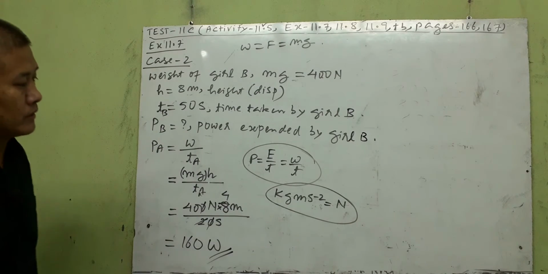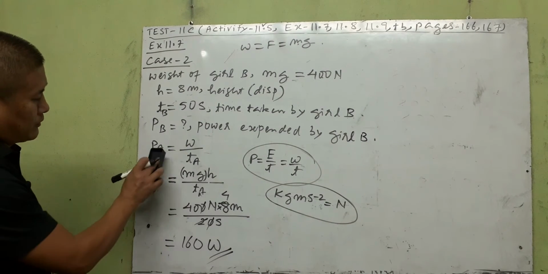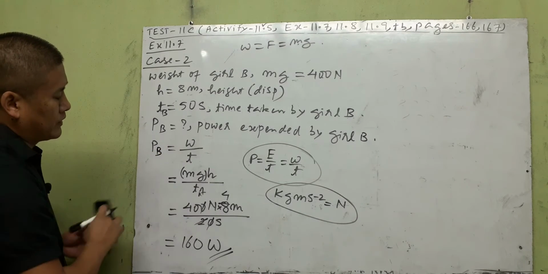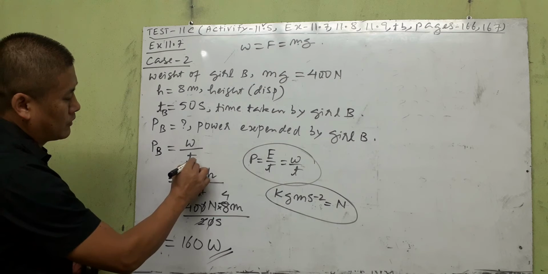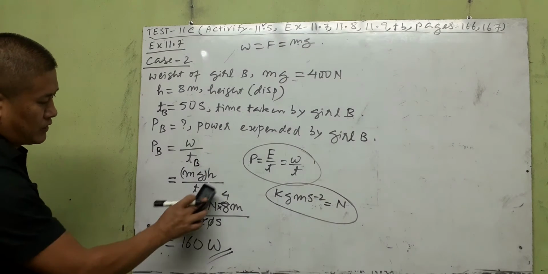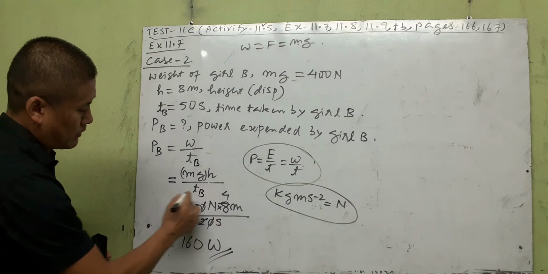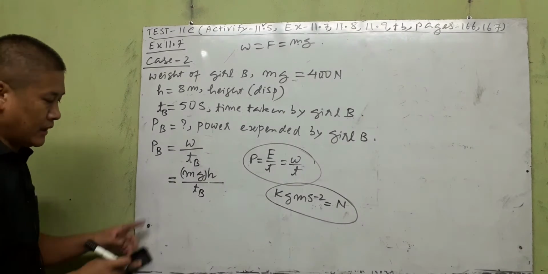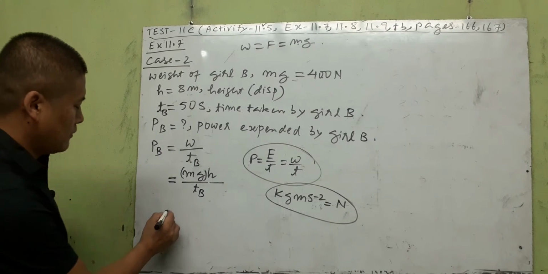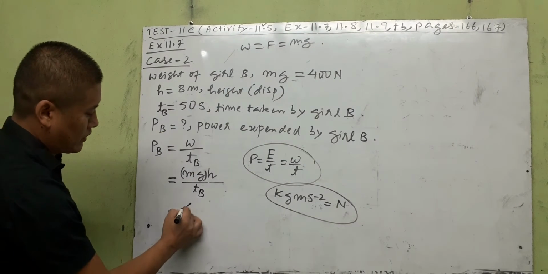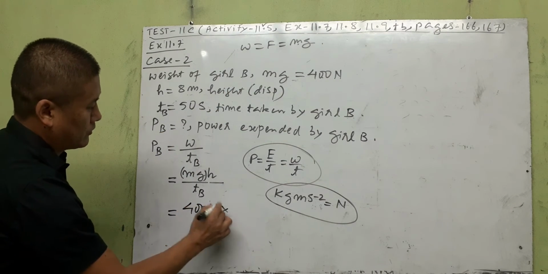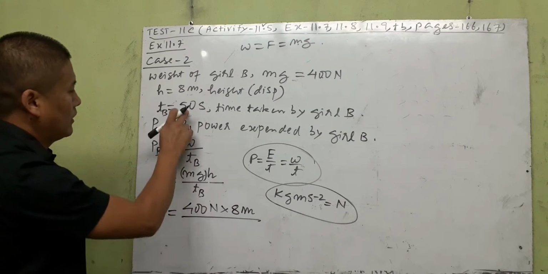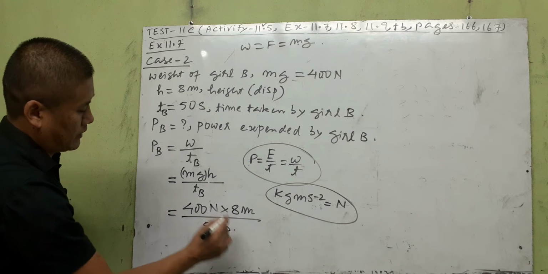Once you're done, everything is going to be the same. So this is going to be PB. The weight of the two girls is the same, so the weight will not change. This mgh will not change. This will be TB. From here we can do it ourselves, I think. This is the only difference, the last two steps. So mg for the second girl is also the same, 400 Newton into h, which is 8 meters, divided by TB, the time taken in the second case, 50 seconds.